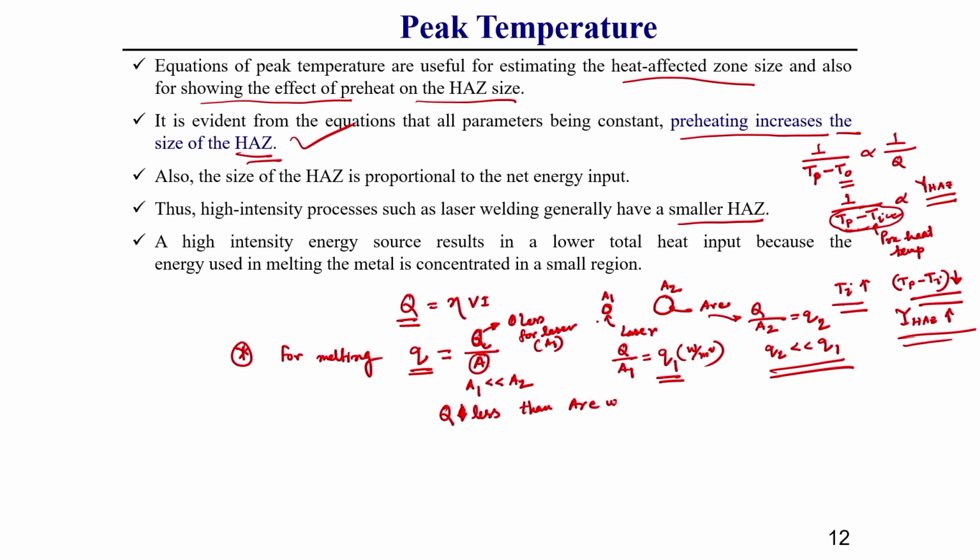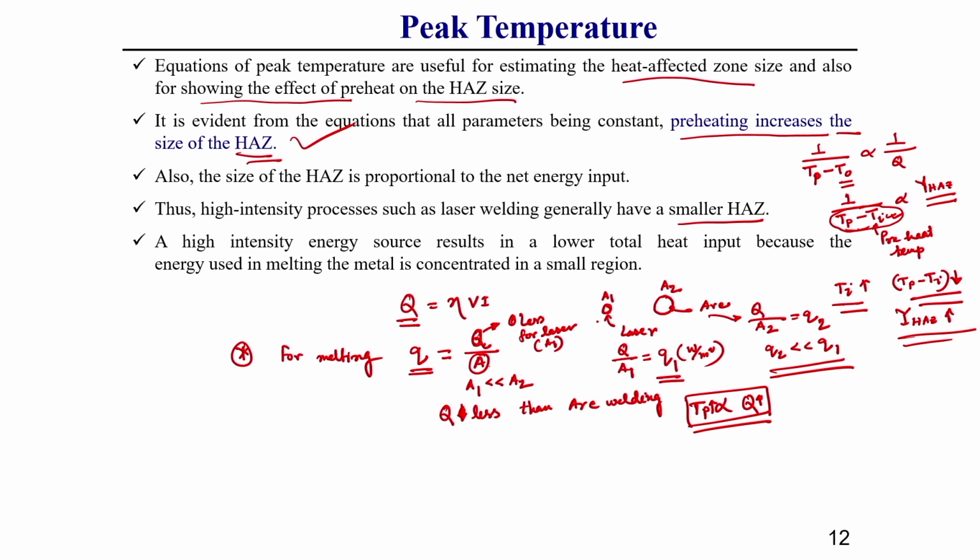Now, I have already shown you that Tp is proportional to Q. So, if the Q value is increased, then your peak temperature is increased. So, Q value increase, peak temperature increase.